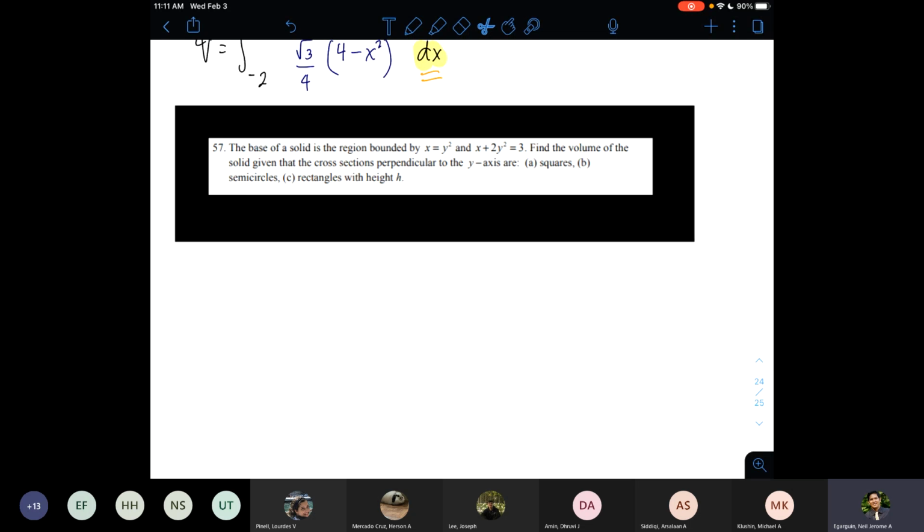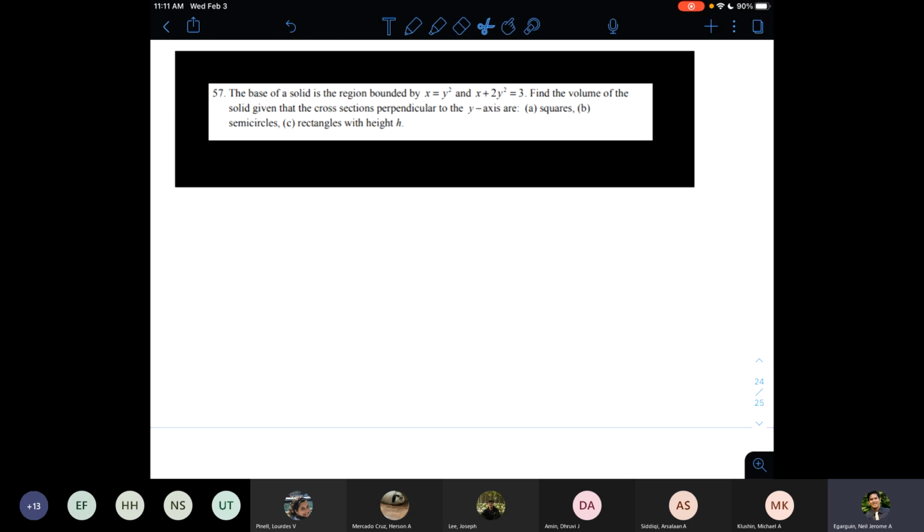But anyway, let's look at this one. So again, first step, have a solid picture or at least a rough sketch of the base. Well, the base is bounded by these two curves, x equals y squared. The first one is a parabola opening to the right. It's opening to the right because the squared variable is y.